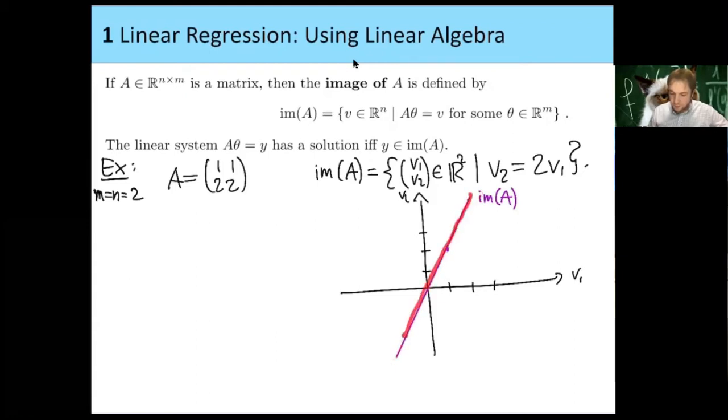These are all vectors which satisfy the property that the second entry is twice the first entry, right? So for example, here I have this vector 1, 2. And this is in the image of A. And clearly I can find a vector x such that A x equals 1, 2. Right? Because what is the solution of this?